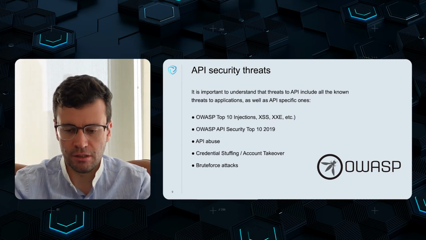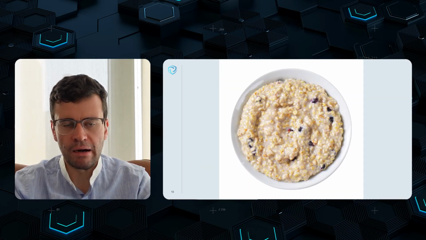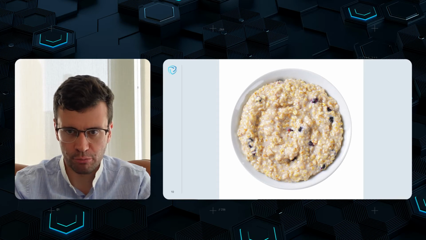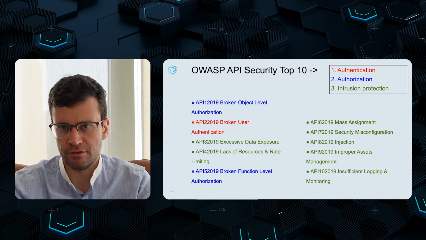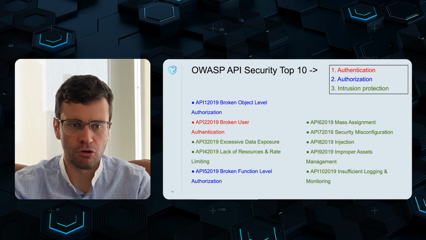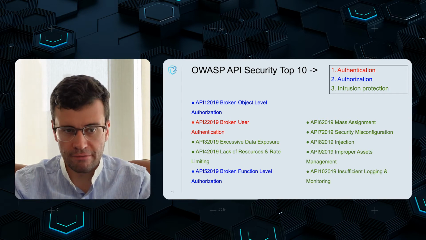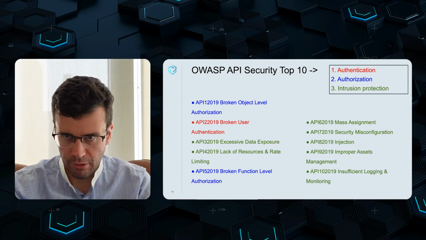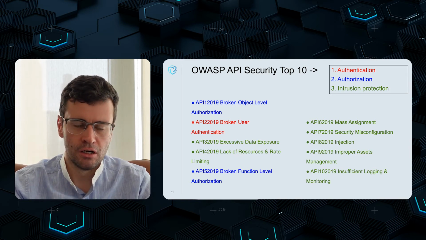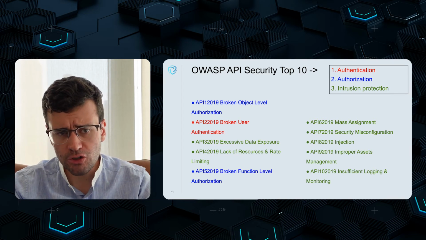So for convenience, I've taken some time and tried to clean up the mess a little bit. So what's happening? Let's take an overall look at OWASP Top 10 using our three pillars: authentication, authorization, and intrusion protection. And we'll see that API 1, that is broken object level authorization, is about authorization. API 2, risk by frequency multiplied by impact, that is damage, and broken authentication is about authentication.